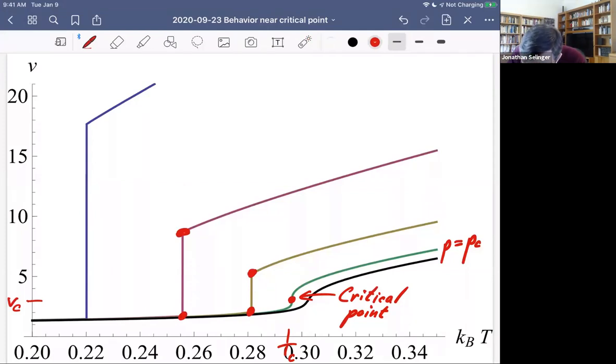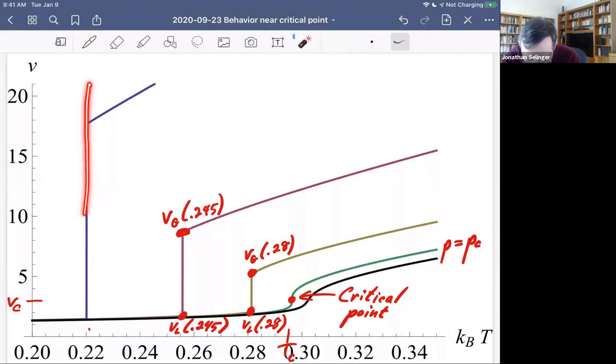All right, so I could label it. This is V_L at 0.245. This is V_L at 0.28. This is V_G at 0.28. This is V_G at 0.245. And for one more temperature, 0.22, here is V_L at the temperature of 0.22.